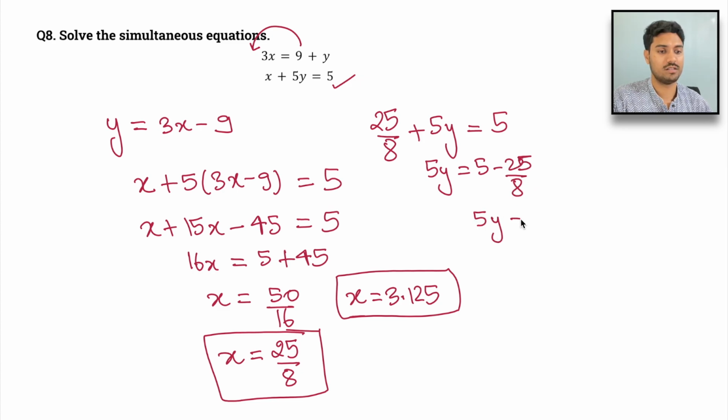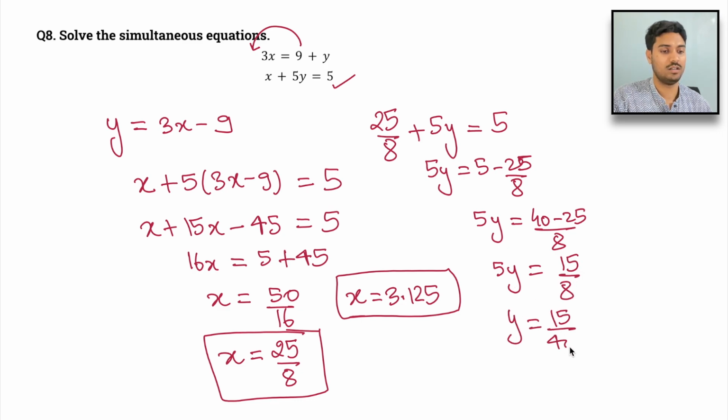So 5y equals 8 5s are 40 minus 25 over 8. So we have 5y equals 40 minus 25, which is 15 divided by 8. So y equals 15 divided by 8 5s are 40. So y equals 5 3s are 15, 5 8s are 40. y is 3 by 8.